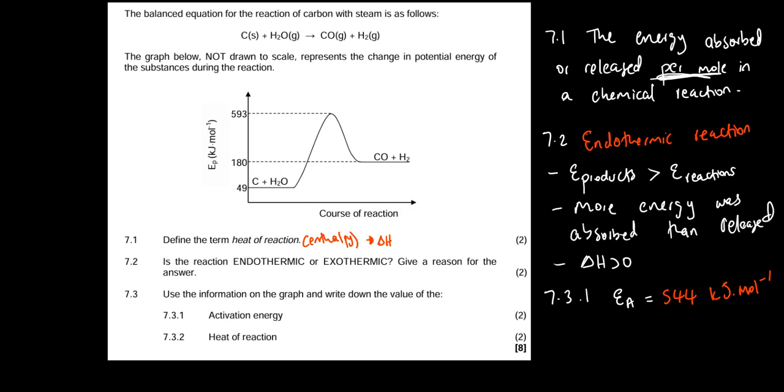Kilojoules per mole. And then for the heat of reaction, which is the enthalpy, remember that it is this part, the enthalpy between the products and the reactants. So it will be the energy of the products, which is 180, minus the energy of the reactants, which is 49. Obviously you would need to write this, guys. So 180 minus 49 gives you 131 kilojoules per mole.